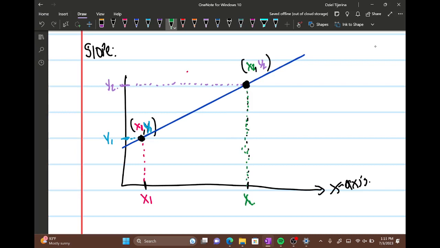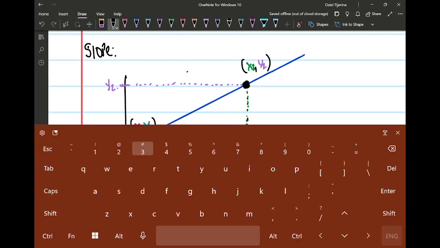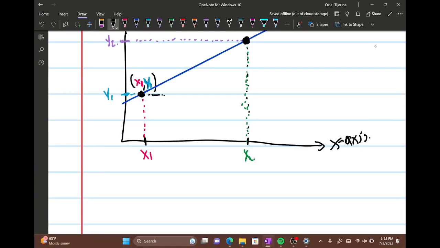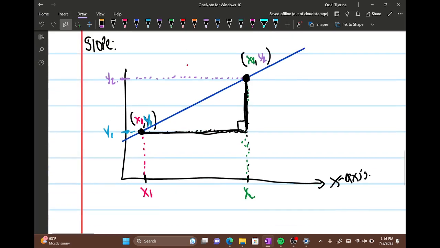So the idea is the definition of this is basically trying to show us, graphically as well as geometrically, the definition of slope. So let's say we kind of have a little right triangle going on here. If you remember from geometry, or maybe high school, we always learned about a right triangle.